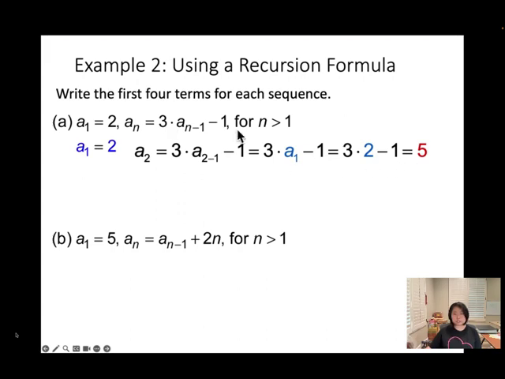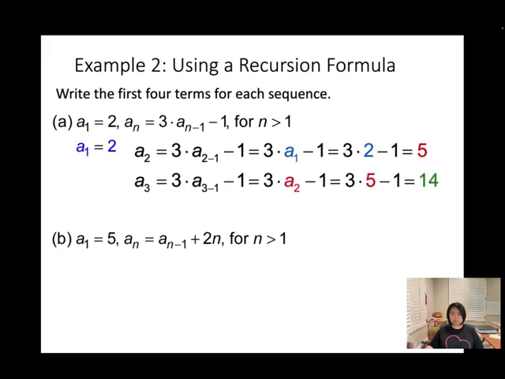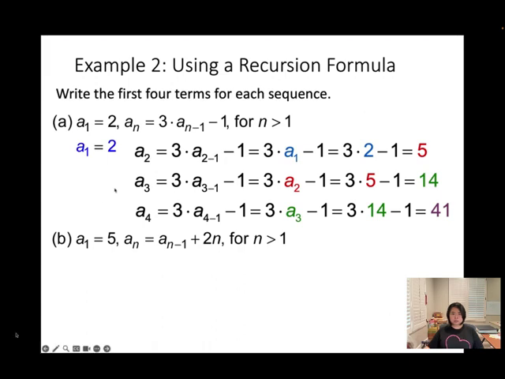Plug into this general term and find the first 4 terms. Okay, check your work. You should get this. So the sequence is going to be 2, 5, 14, and 41.